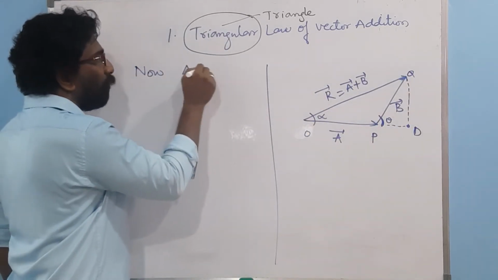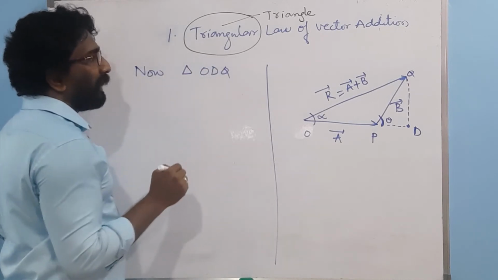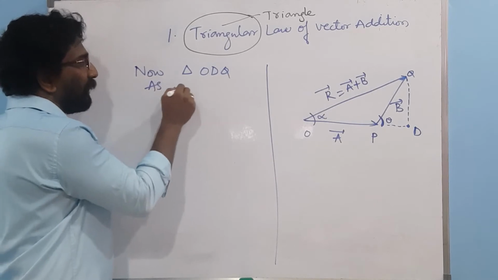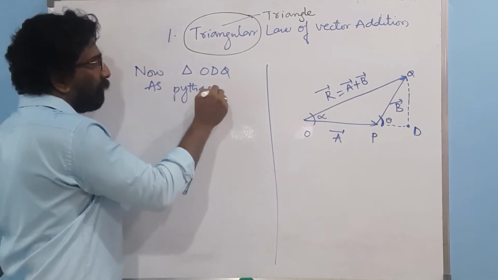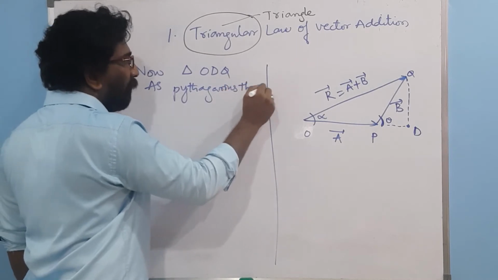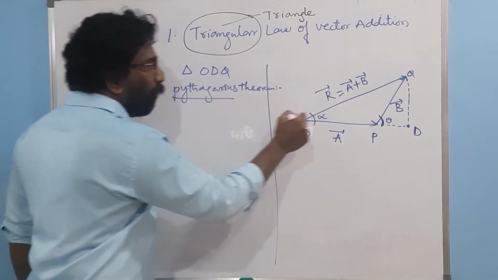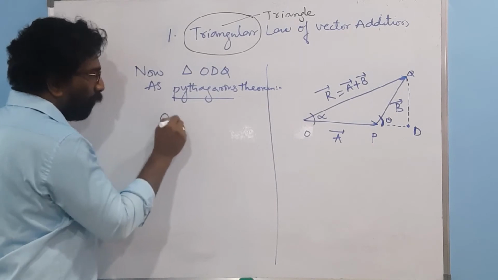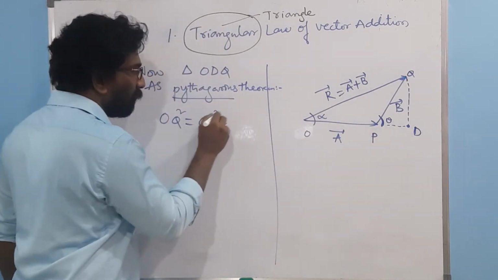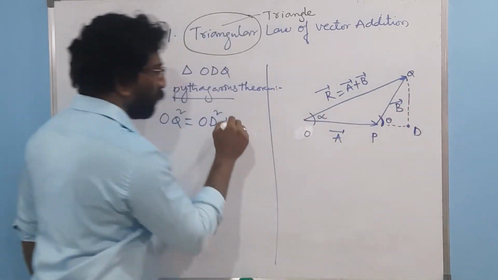From triangle ODQ, as per Pythagoras theorem, we can write that OQ square equals OD square plus DQ square.